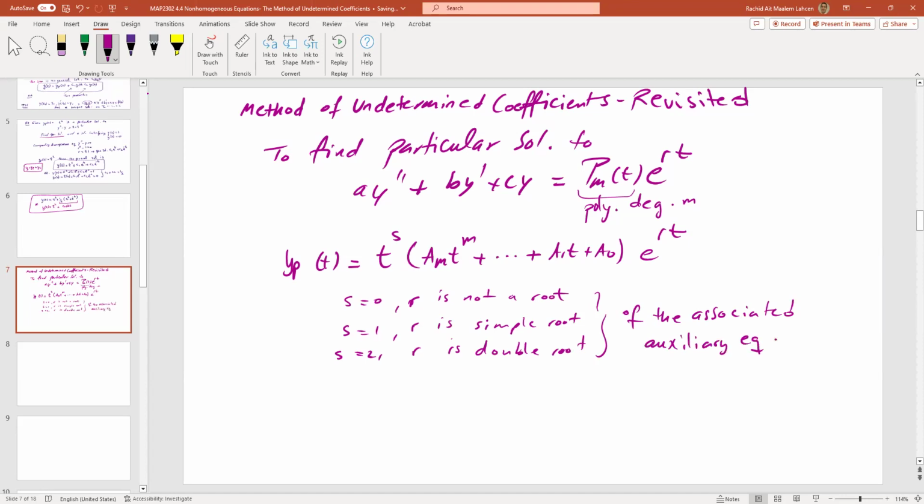All right, so that's when you have the polynomial times the exponential function with rt.